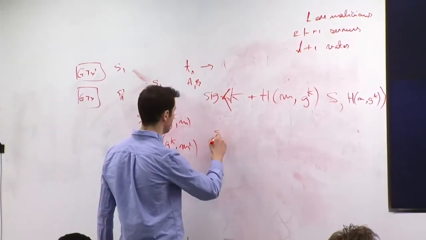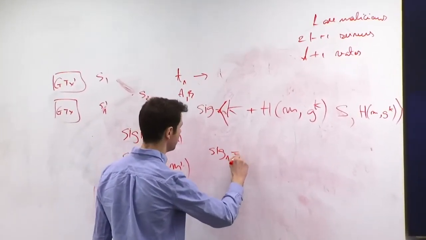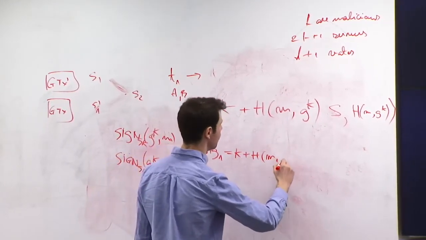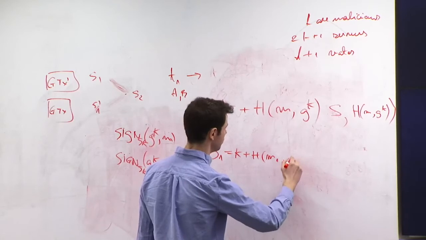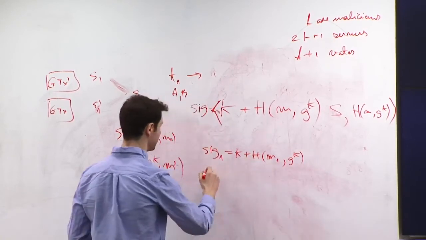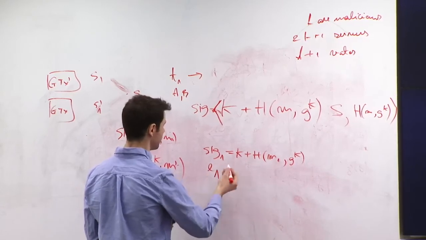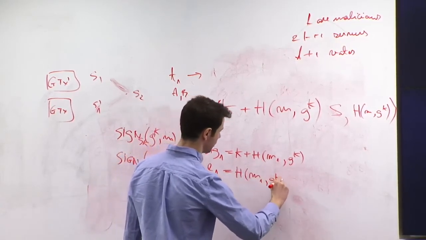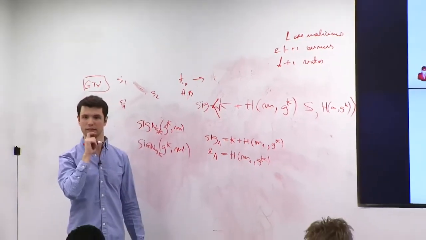So if the authority uses the same G to the K to sign, then we can extract the secret key. And the way we can do that is, I'll just show you an example. Sig1 would be K plus H of M1, G to the K, times S. And the associated hash, let's call it E1, would be H of M1, G to the K. Right? Does everybody see this?